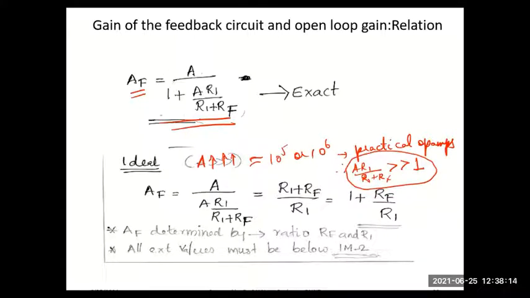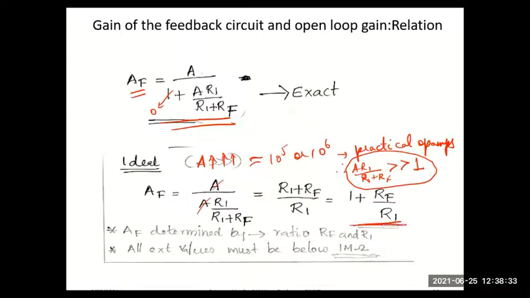Therefore, if I consider the 1 negligible when compared to the second term, I'll be getting the approximate expression. As you can see, A and A cancel out. So I have 1 divided by R1 by R1 plus RF, or R1 plus RF by R1.